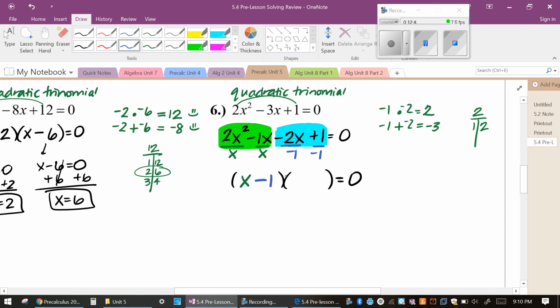So x was the GCF of the first two terms, negative 1 was the GCF of the second two terms. And then I divide the first two terms by the GCF that I found first. So 2x squared divided by x is 2x, and negative 1x divided by x is negative 1. Notice that you'd get the same thing if you divided these. You'd get 2x and negative 1. They should match.